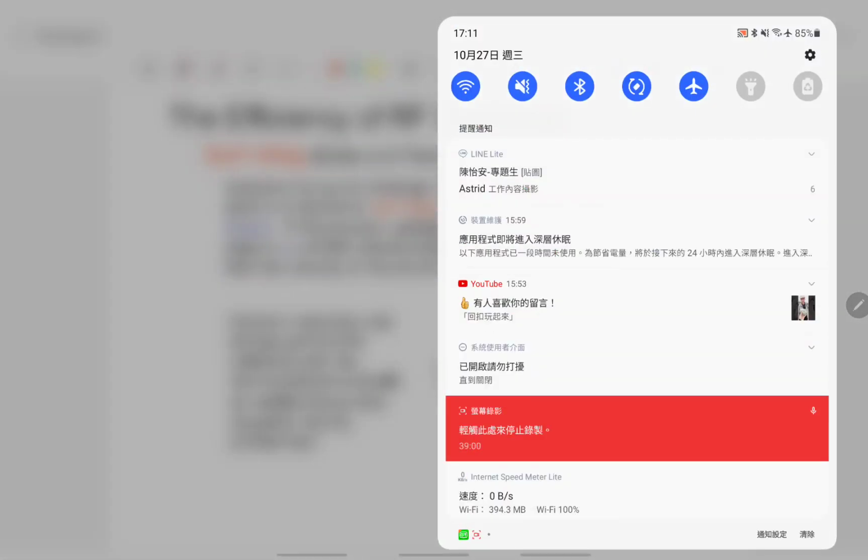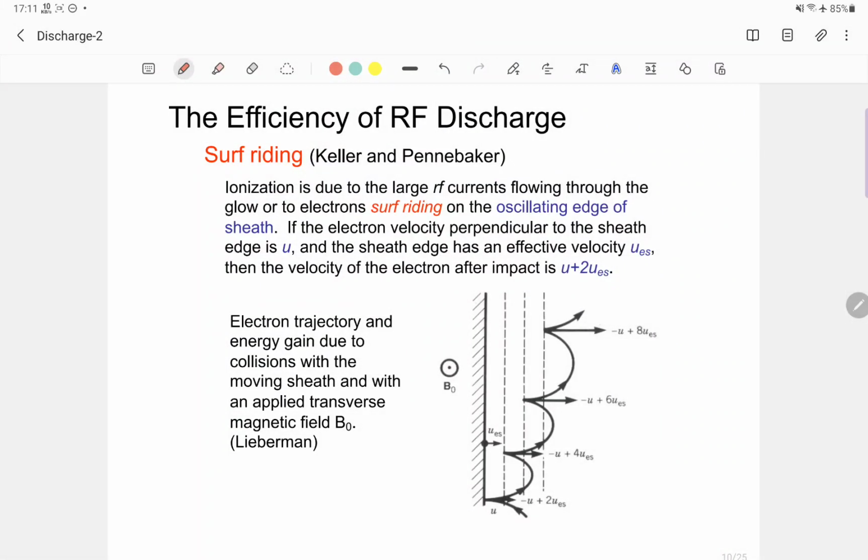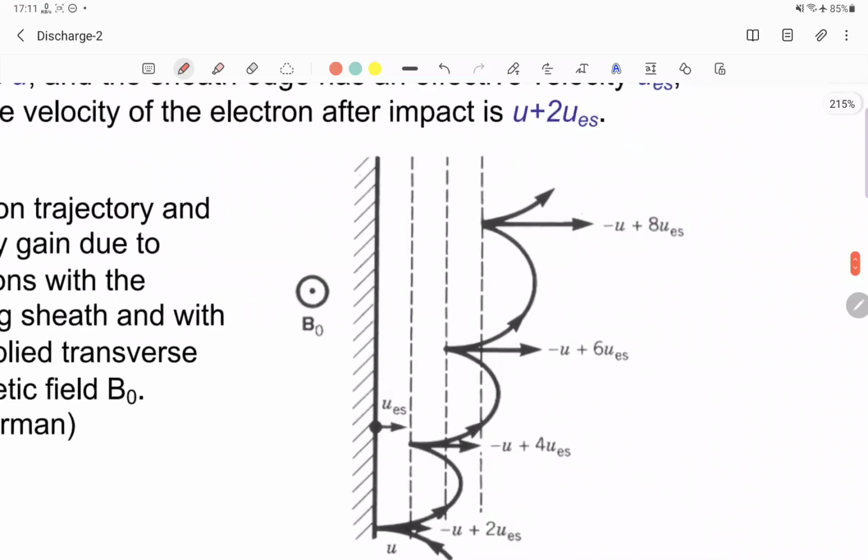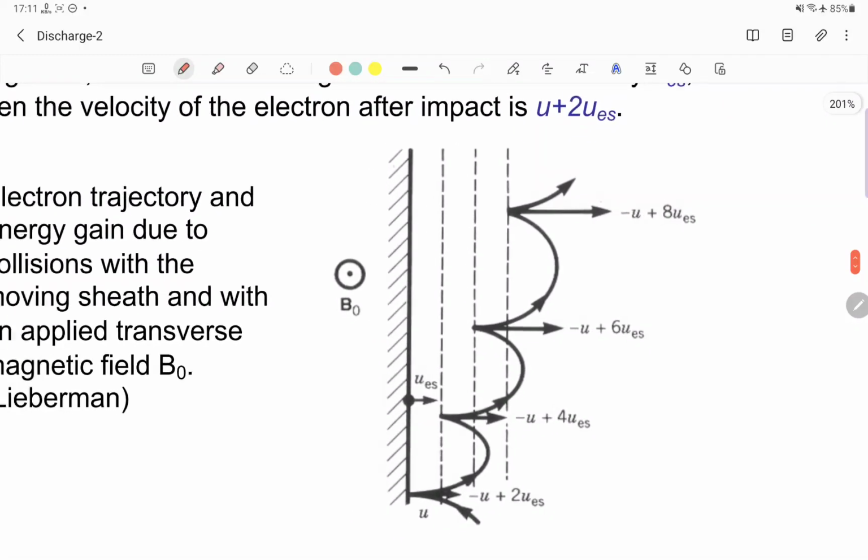Okay. So if an electron travels toward the surface of the electrode or the surface of the chamber wall with an initial velocity of u, and because the system is equipped with a magnetic field, the path of the electron will follow a circular motion because of the existence of the magnetic field.